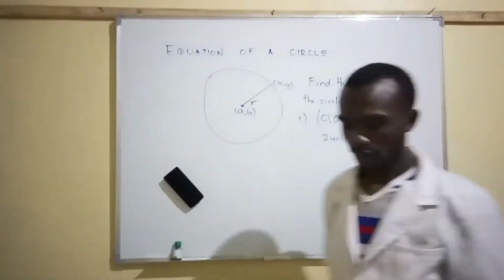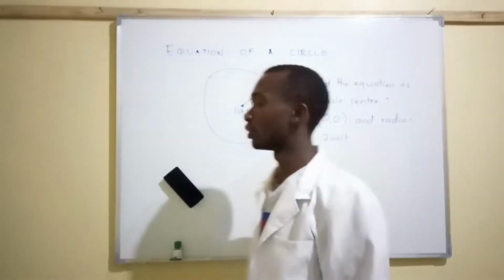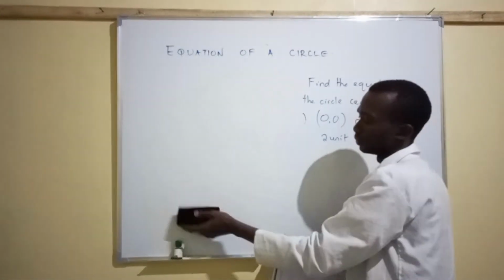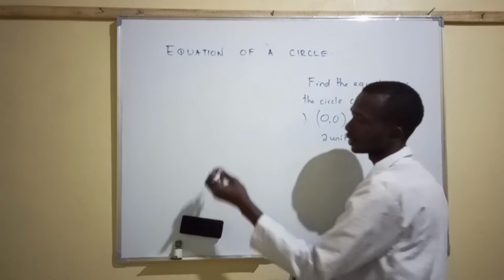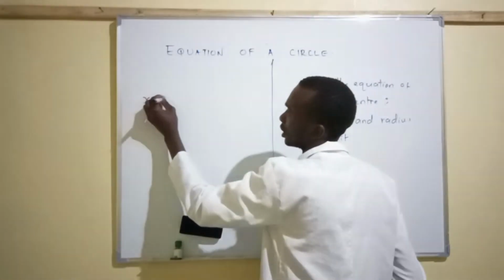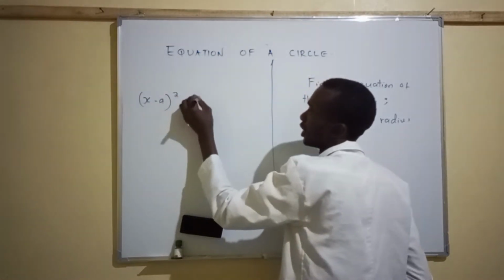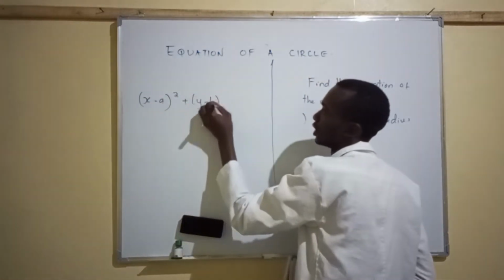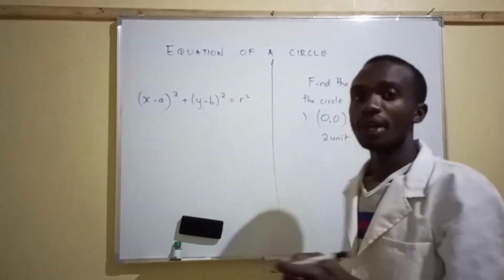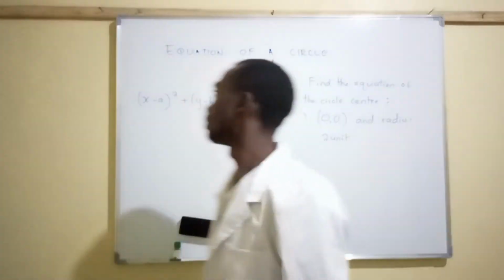Now, considering the formula of the equation of the circle, which is usually in the form (x minus a) squared plus (y minus b) squared, this is equivalent to r squared, where a and b are the center of the circle.